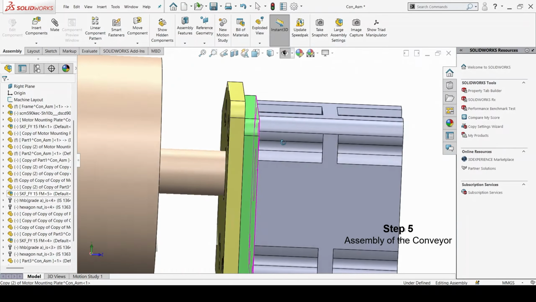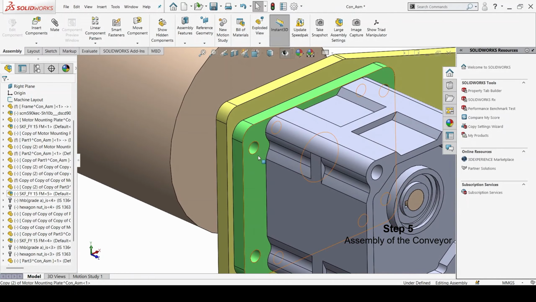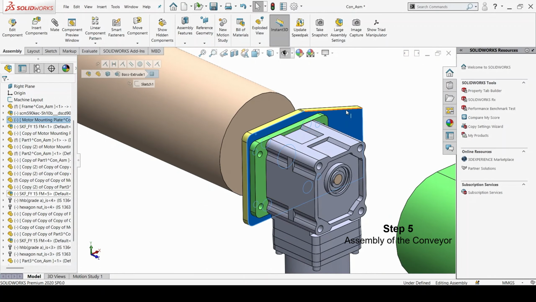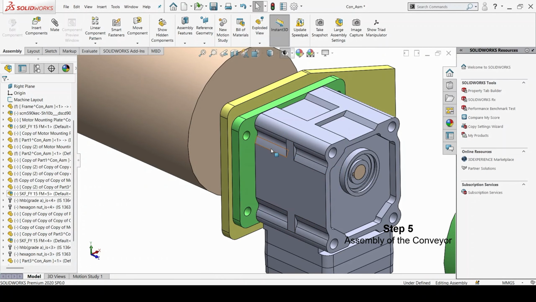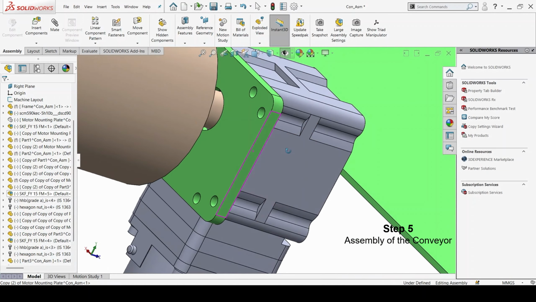Let me explain how I mounted this motor. The motor will be mounted using two plates. One is the fixed plate, which will be fixed to the chassis or in a way welded to the chassis, and this plate is an assembly type. Let me just hide this plate so that it's more clear.